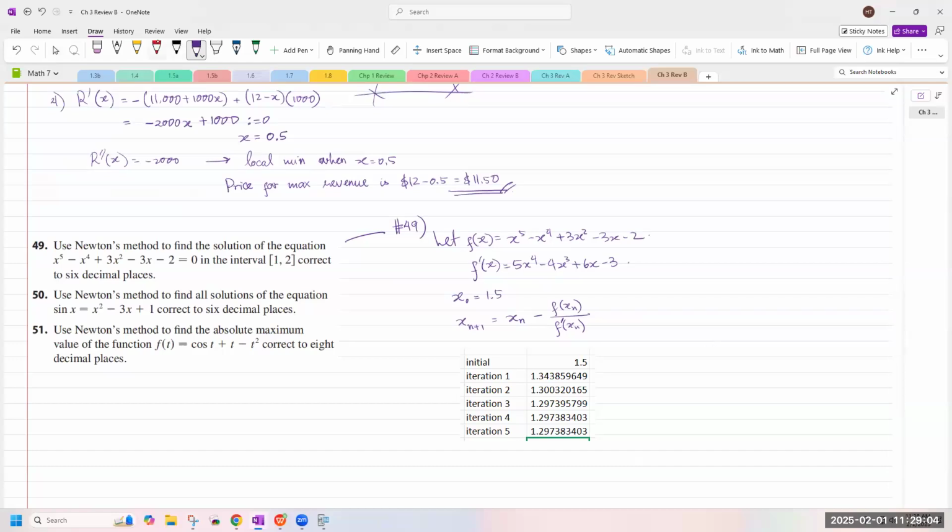Okay, so that's the number. That's the answer. That's the root. So x equals 1.2973834, wow. Amazing, huh? It goes that far?